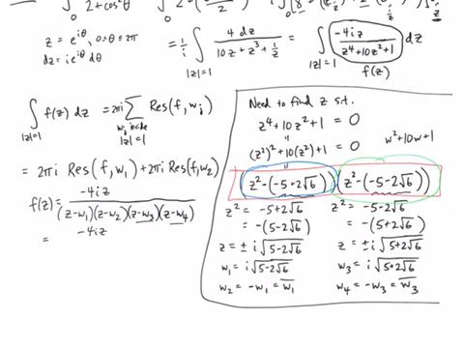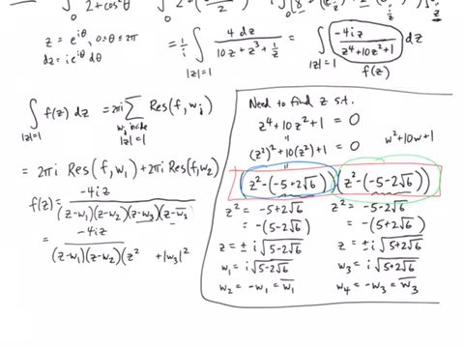We can use that w4 is the same thing as w3 bar. So we have z minus w3 times z minus w4, which gives z squared plus the norm of w3 squared.